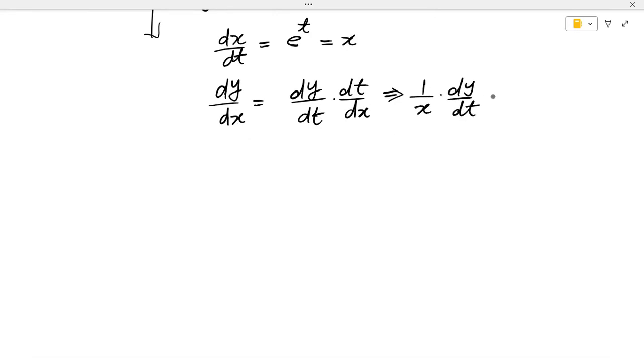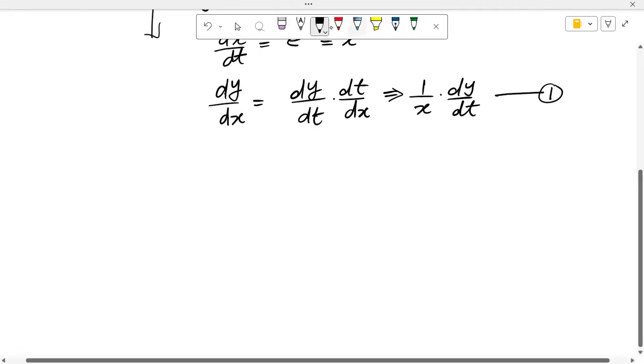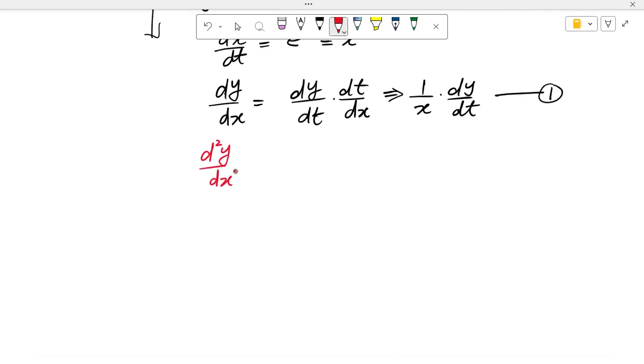So the first derivative has been simplified to the dy dt structure. Further, for the second derivative d2y dx squared, well, this was the form for y prime and this was for y double prime.